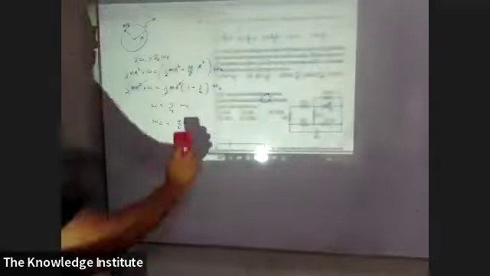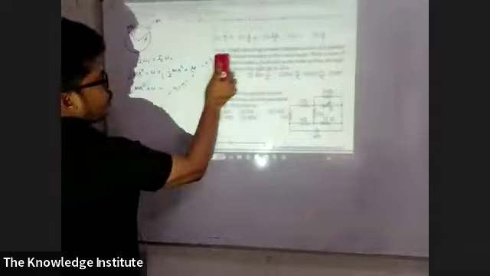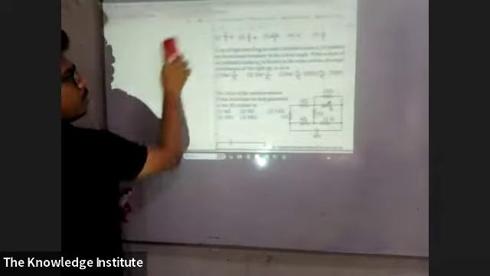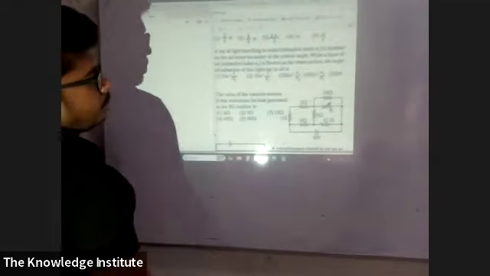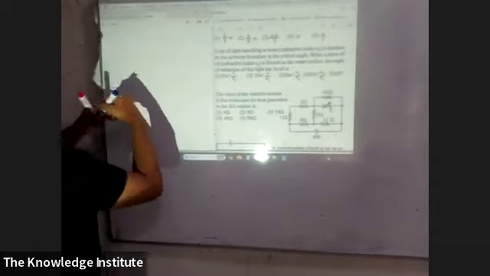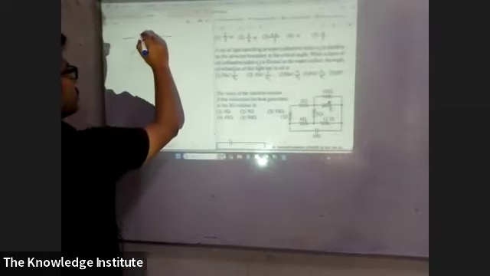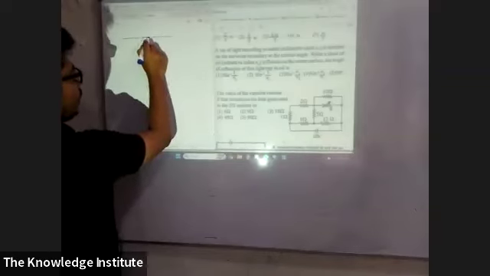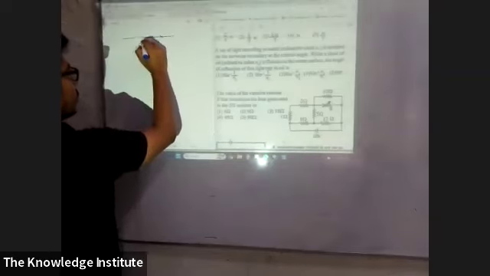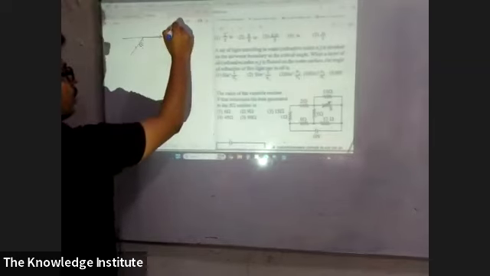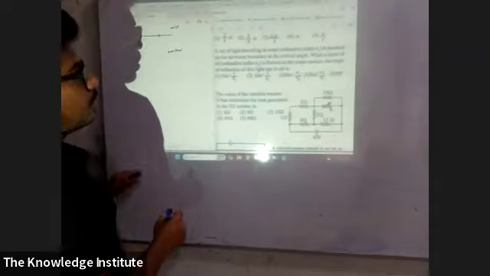Okay, a ray of light traveling in water, refractive index N1, is incident on the air-water boundary at the critical angle.